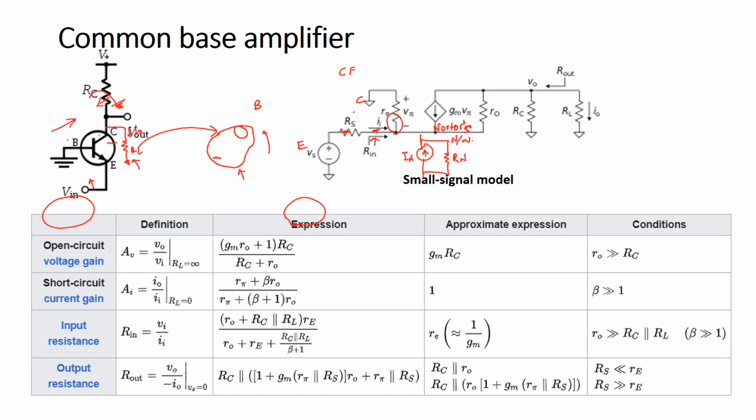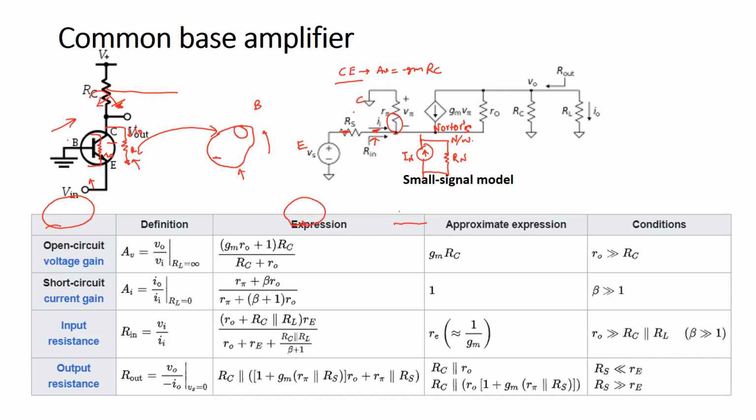In the common emitter also, we saw the gain was minus GM times RC. Here there is no minus sign. It means it is a non-inverting amplifier. Remember, common base is a non-inverting amplifier, whereas common emitter was an inverting amplifier. Provided some conditions like RO. RO was this impedance across collector and emitter, usually very, very high.